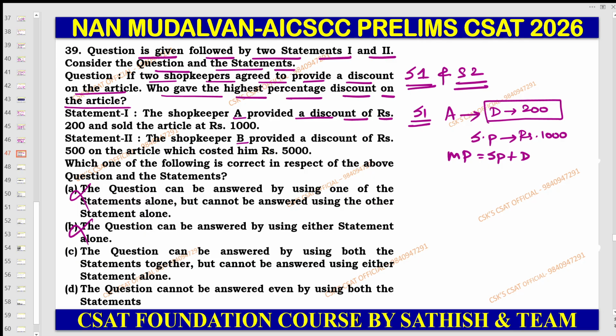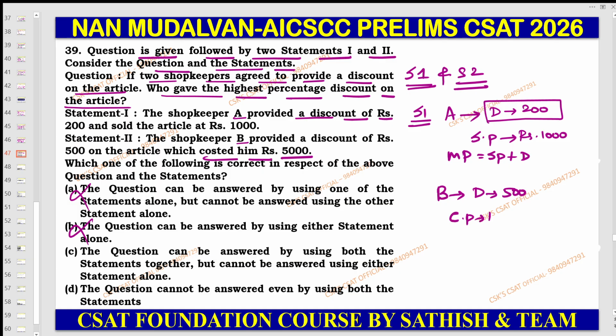Next, if you see statement number 2, what is happening here? B's detail is provided, discount provided 500, which costed him CP.